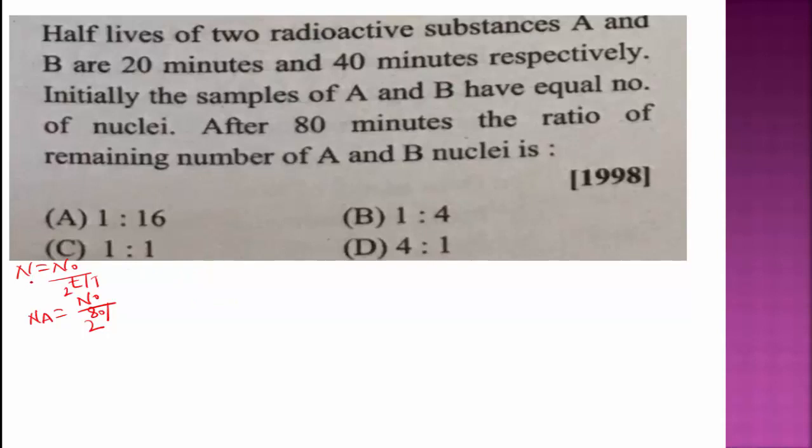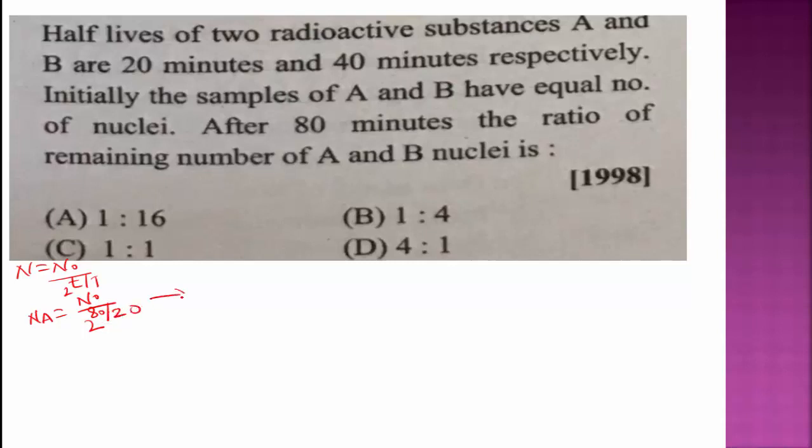We know this formula, N is equal to N naught divided by 2 to the power of small t divided by capital T. Here, for the radioactive substance A, Na is equal to N naught divided by 2 to the power of 80 minutes, this is the time, divided by T, this is 20, because the half-lives of A and B are 20 minutes and 40 minutes respectively.